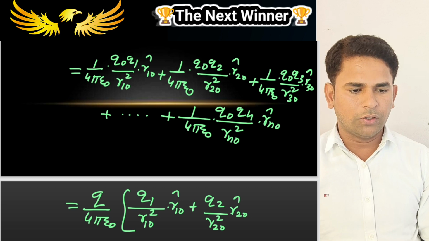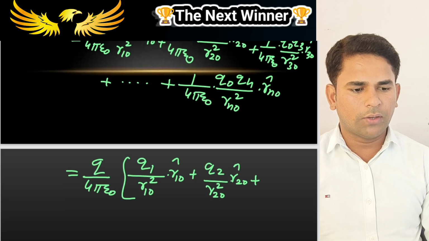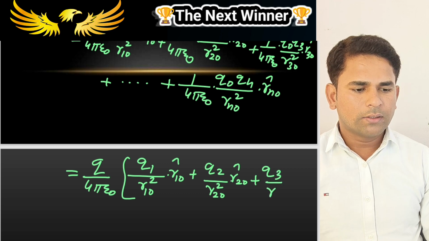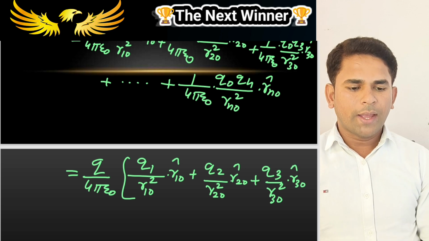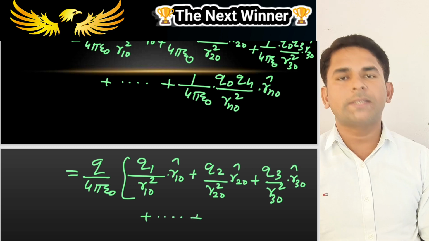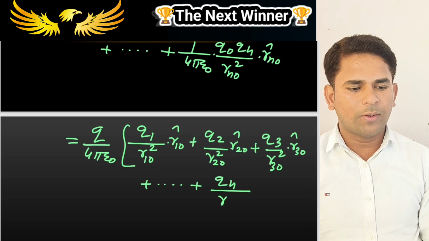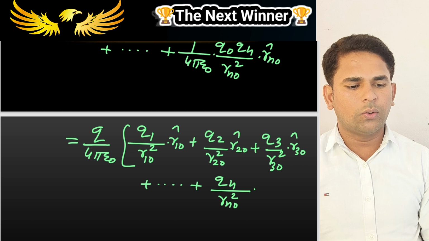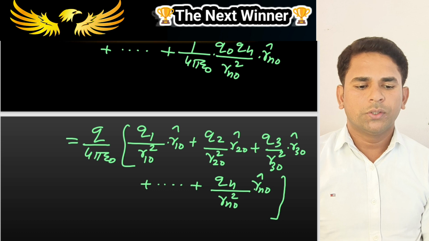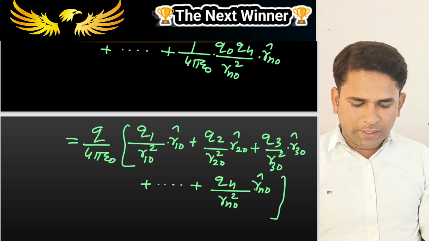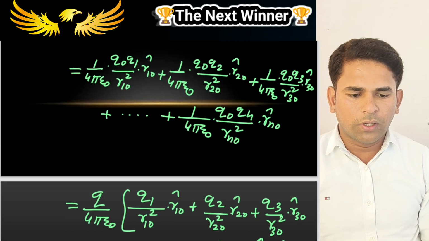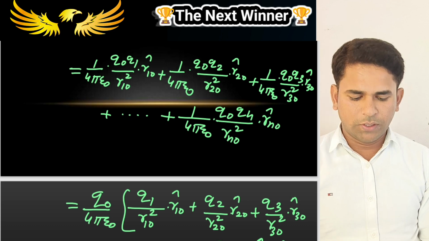Is it okay? Very good. And similarly plus q3 divided by r3 naught square into r3 naught cap, plus dash dash dash plus qn divided by r n naught square into r n naught cap. Sorry, here I wrote q only; what will you write here? q naught. Is it okay or not?